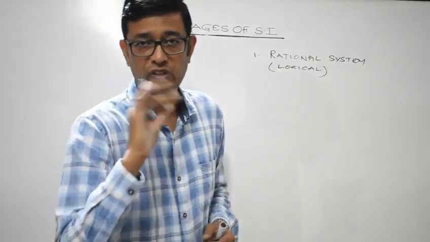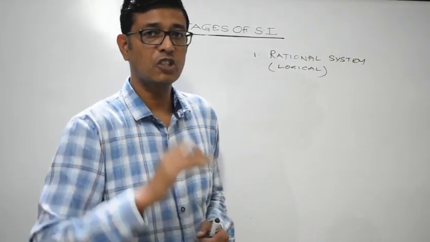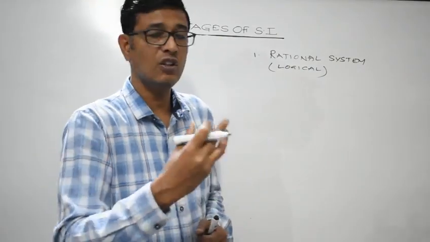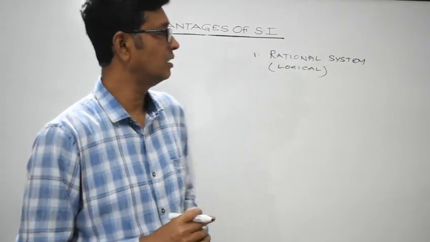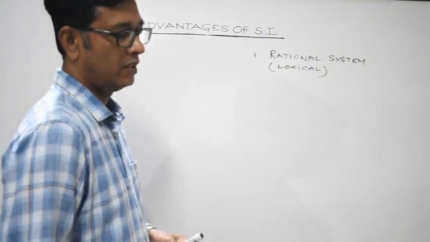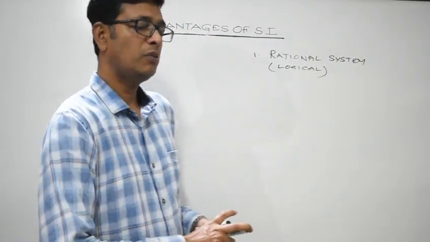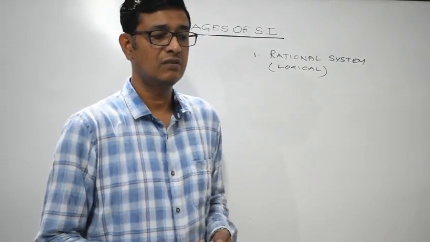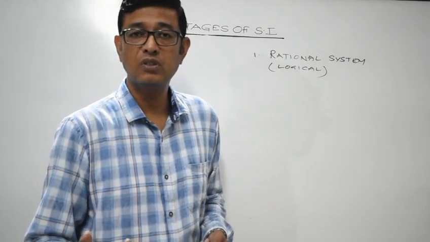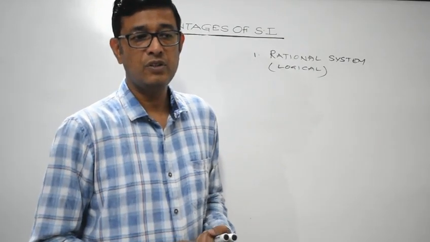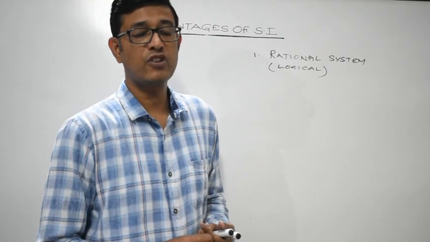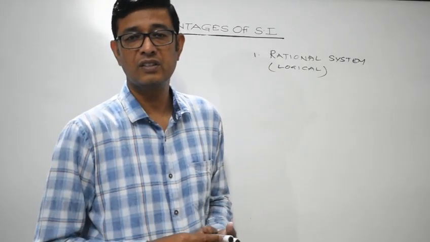I'll give you an illustration that will make your concepts much clearer, right? Rational or logical, what's the exact meaning of this? Take the case of energy. Energy is a physical quantity. You've heard about its various units, isn't it? Energy can be measured in watt-hour, in joule, in calorie. There are various units.